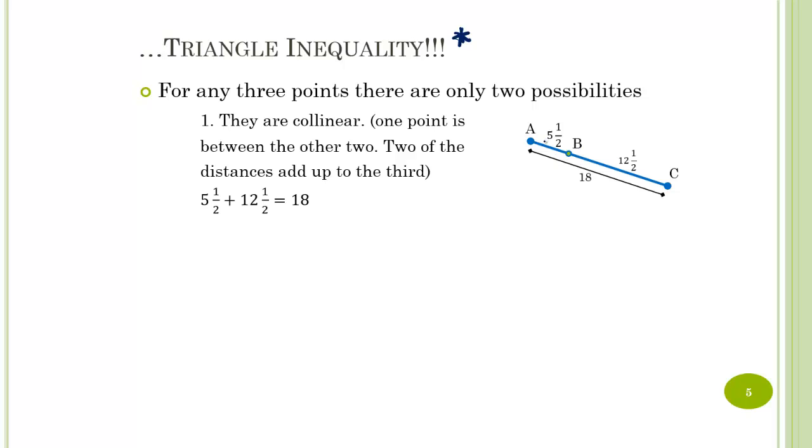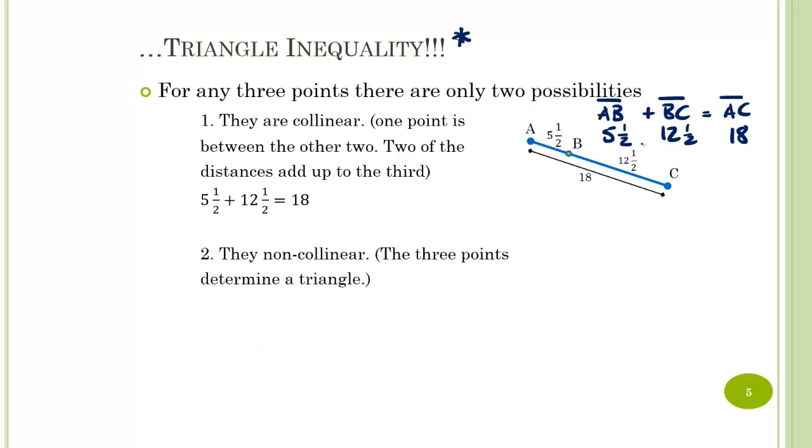So B is between A and C here, and if AB is 5.5 and BC is 12.5, AC would be 18, because when you add those together, and these are all line segments, by the way, I should be using proper notation here. So when you add those together, you get 18. Okay, so that's if they're collinear.